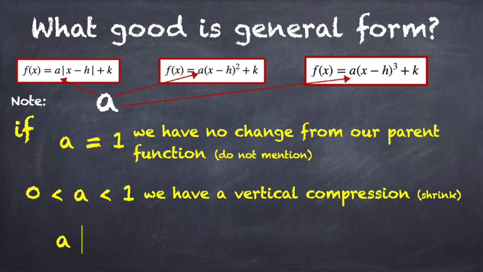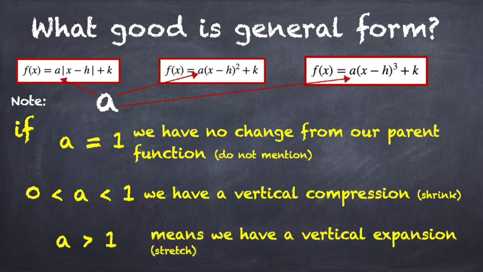If we have an a that's greater than 1, we have a vertical expansion, a vertical stretch. Our output values, our function values, our y values are now greater than the y values of our parent function, okay?